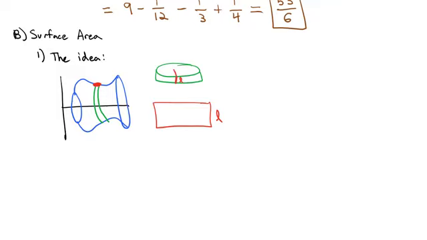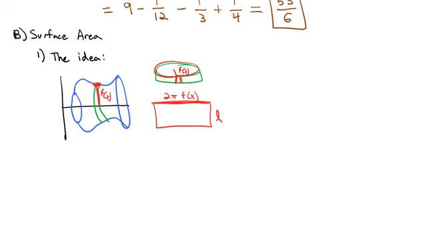The radius of this circle is simply the function, f of x. The base of this rectangle, then, is the distance around the circle as we open it up. That's the circumference, which is 2 pi times the radius of f of x.